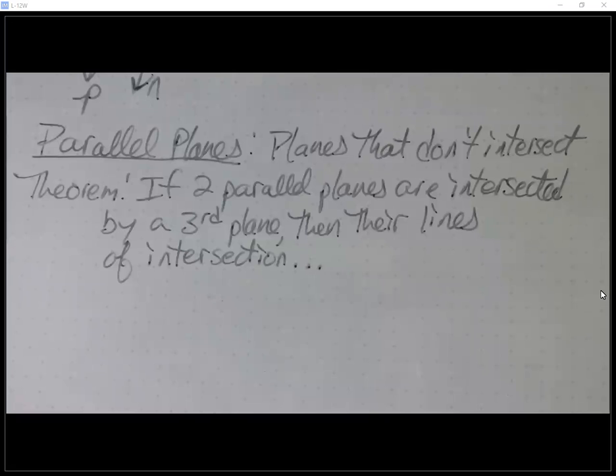If you have two planes and they intersect each other, like the ceiling and the wall, they intersect at a line. So I want you to imagine that you have a pair of parallel planes, and you're going to slice through it with a third plane. There's going to be a line of intersection in each of those where each of the parallel planes meets that vertical plane. What do you think is true about the lines of intersection?